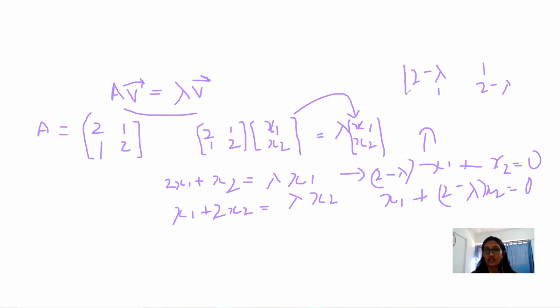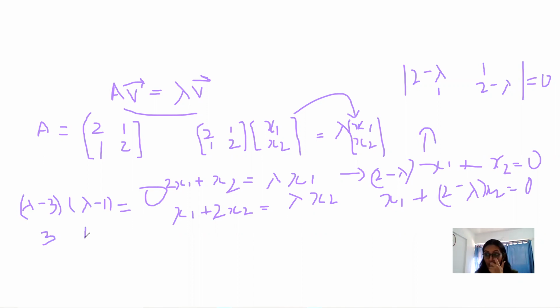It's the simple x1 and x2 equations equated to 0. Now if we multiply it out and try to find the value of lambda, it will be (lambda minus 3) and (lambda minus 1) equals 0.